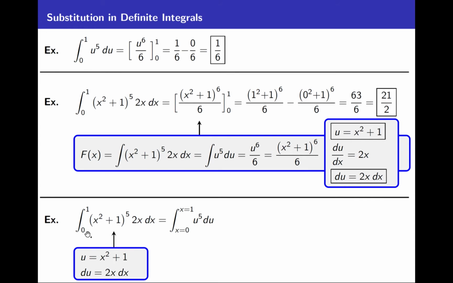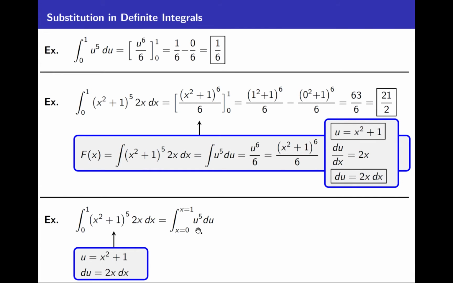But I want to pay careful attention to these limits of integration, 0 and 1. In the problem that we started with, the variable is x, so x was going from 0 to 1. And then we made a substitution. We changed the variable. u is equal to x squared plus 1.